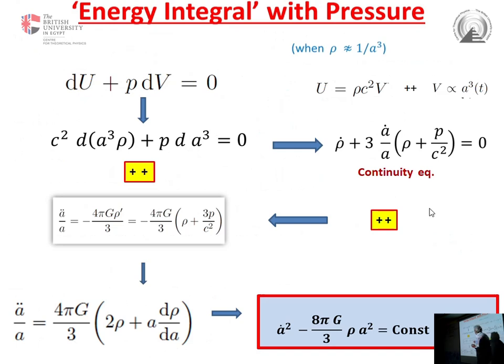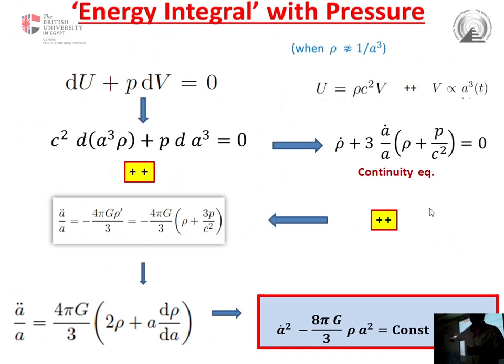And to get the equivalent of an energy integral, we use this energy equation for the process of expansion. What happens to our fluid, if it's photons or particles or whatever it is, follows this continuity equation: what happens to its energy and pressure when we do work on it by expanding the universe, or contracting it if it's a contracting universe. Okay, and we got this equation again. You could have, by the way, started from this equation and used this one to get this one.